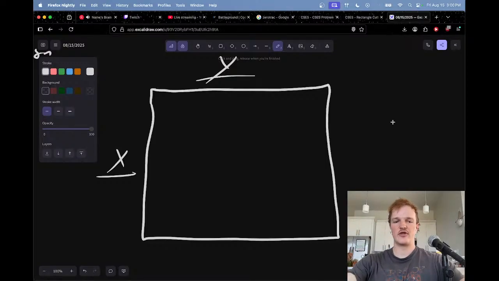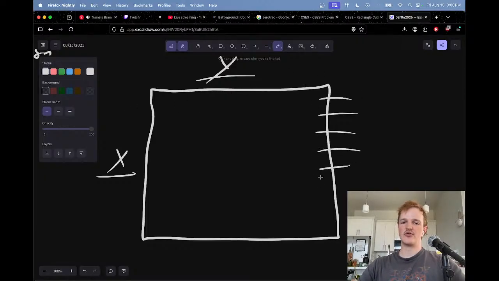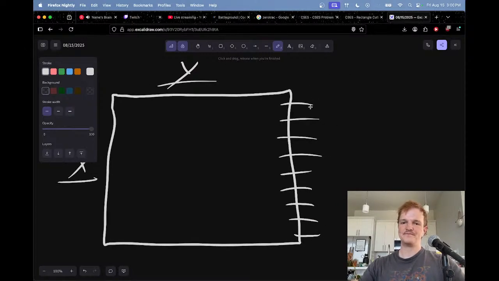Maybe the sparse table thing is what I want. Yeah, I think maybe I was a little too quick to give up on that idea. So you have all of this.